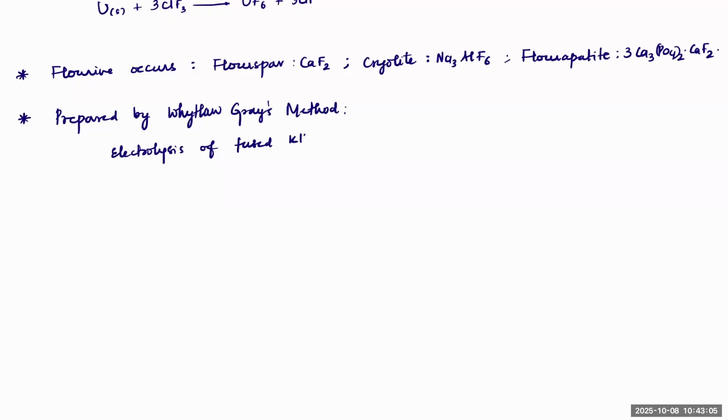So you can get this as K plus and HF2 minus, with H and F bond here, and here you have hydrogen bonding with F minus like this. So these two are the ionic forms which will be used for electrolysis. Got it?